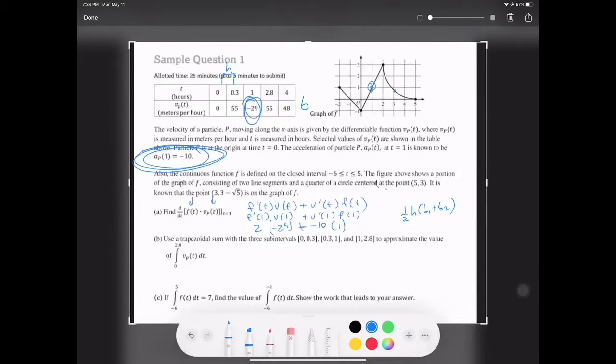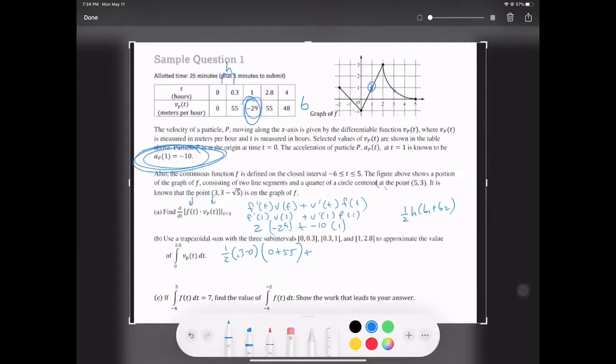So my first trapezoid will be 1/2 times 0.3 minus 0, and then times 0 plus 55. Just write it.